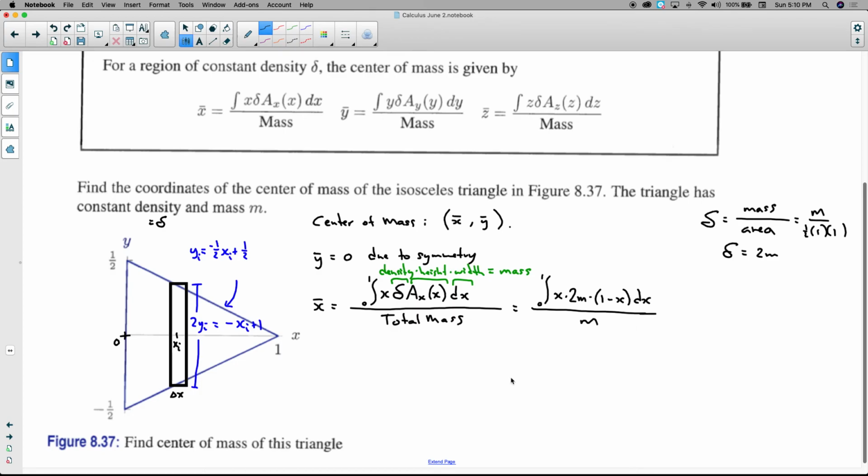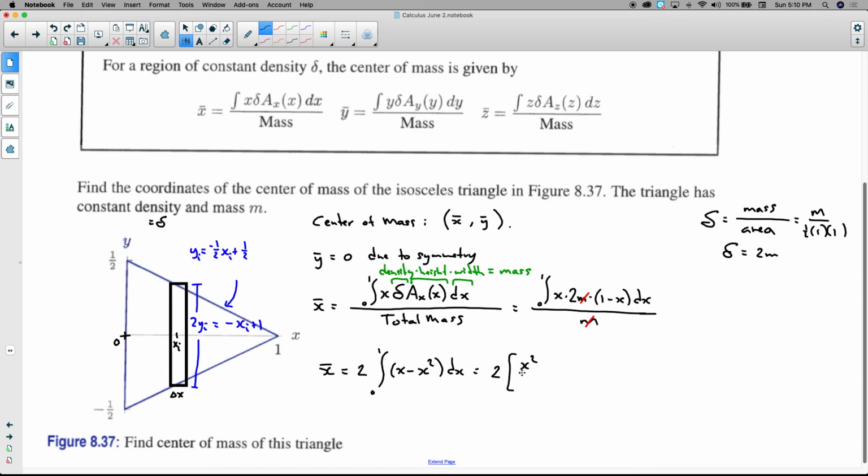Well, let's compute. I think we're pretty much there. I'm just going to come down below because it looks like I've got some nice room down here. I can cancel out the m's, and the 2 can come out. It looks like I've got a pretty easy integral. It is x minus x squared. Let's not forget the 2.